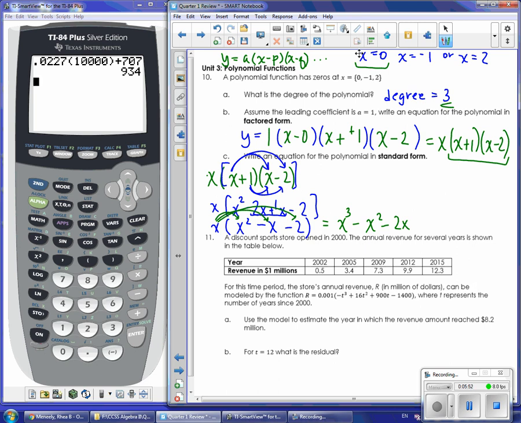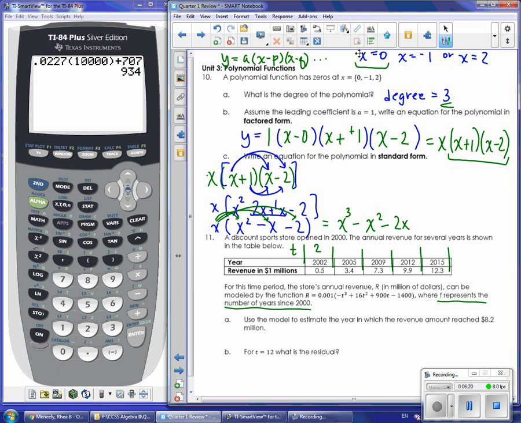So one of the things I have to pay attention to is this value here of T. T represents the number of years since 2000. So if I think about it, this is similar to the problem that we did with the electric bill, where we assigned T to represent the number of months since January. So if I were to add like another piece to my table here to include the actual value of T, in 2002, that's 2 years after the year 2000.